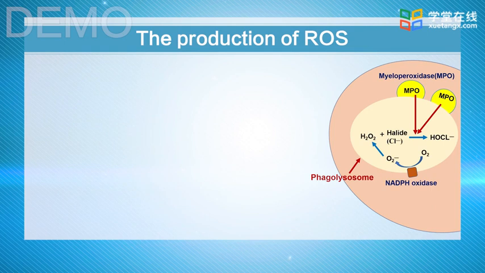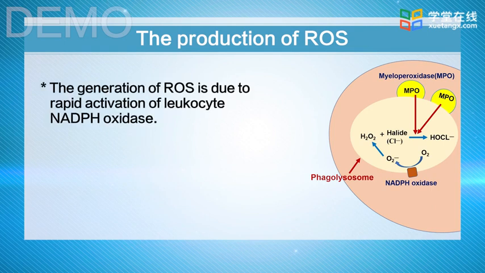How are ROS produced? The generation of ROS is due to rapid activation of leukocyte NADPH oxidase. Look at this picture. NADPH oxidase reduces oxygen to the superoxide anion, which is further converted into hydrogen peroxide.